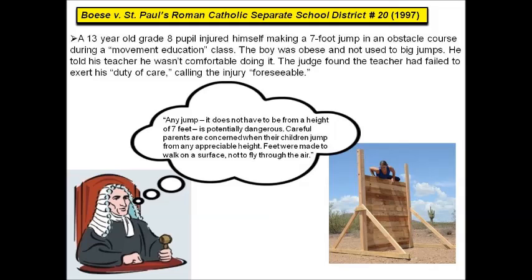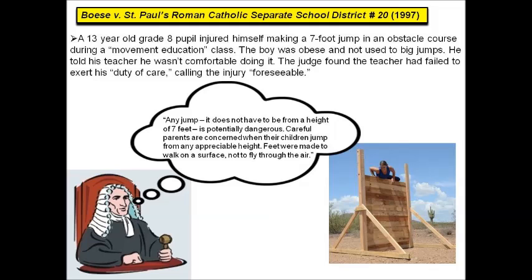I mean, okay, I get how maybe the teacher should not have had this child do it, even after the child said he wasn't comfortable doing it, and he's kind of a bigger kid. Maybe he should have said, well, okay, don't do that, but do this other movement activity instead, right?